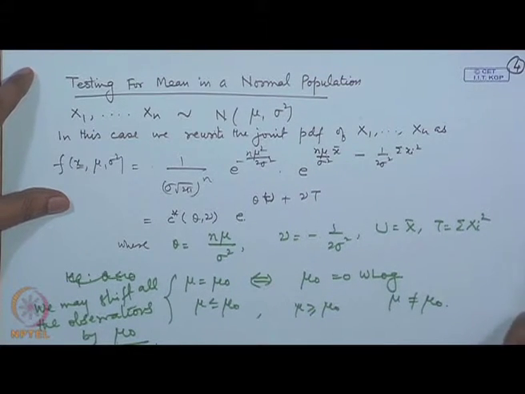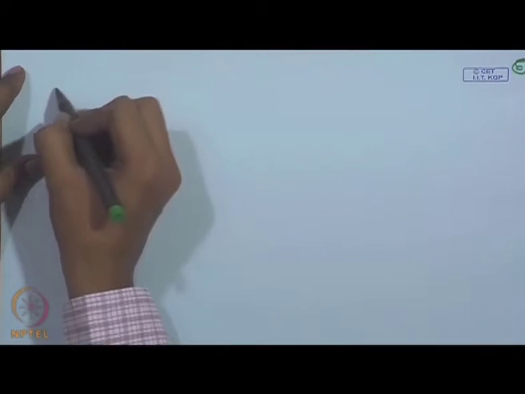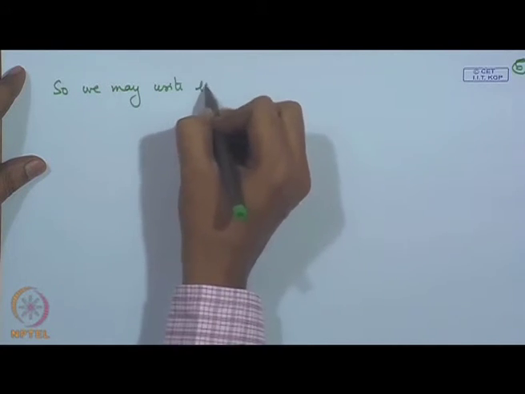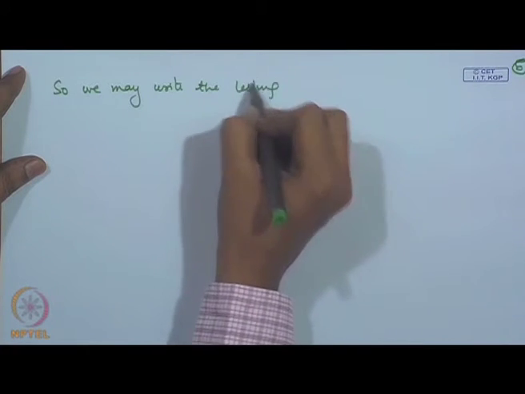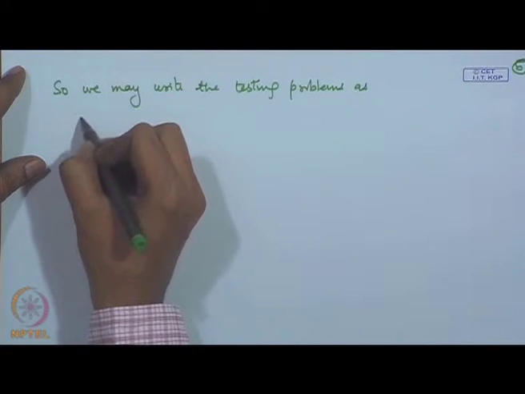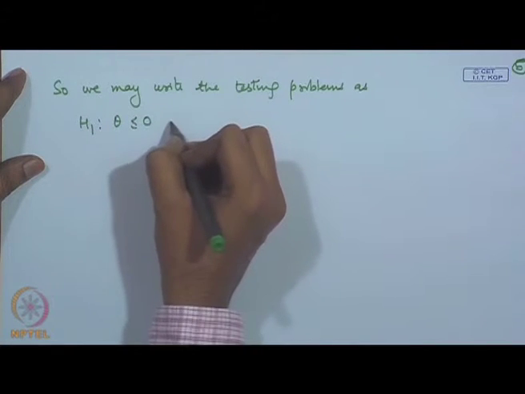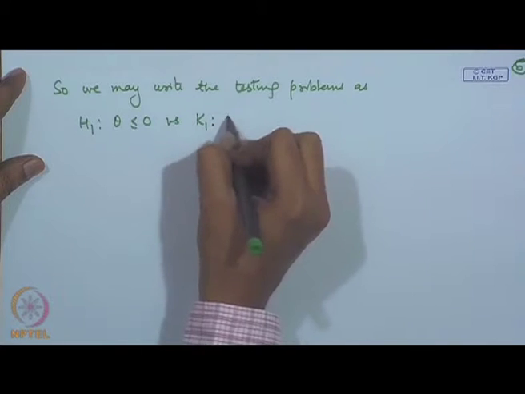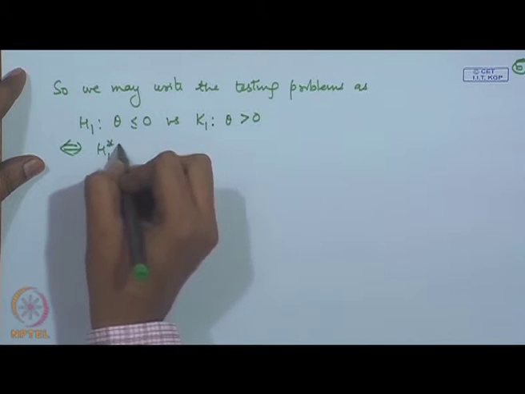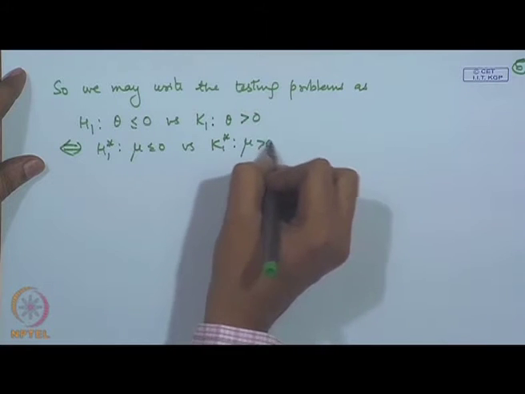So, we may write the testing problems as, for example, if I am looking at H1, theta less than or equal to 0 versus K1, theta greater than 0, then this is equivalent to H1 star, mu less than or equal to 0 versus K1 star, mu greater than 0.